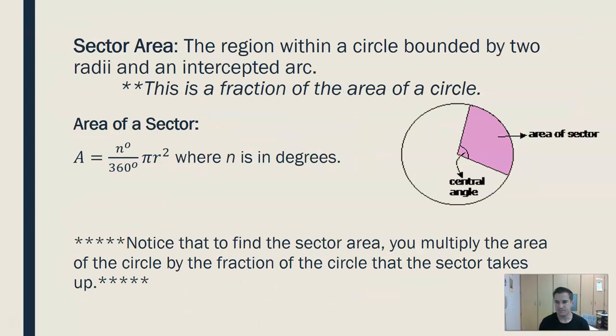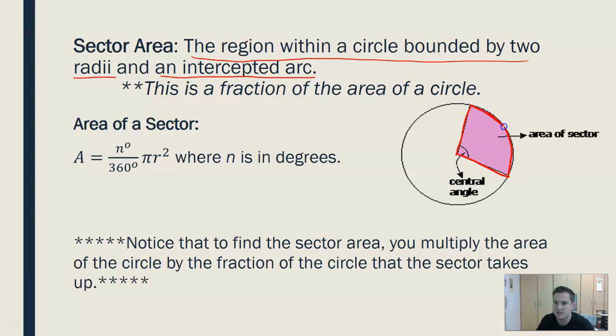Okay, so again, area hopefully wasn't terribly new information. Now we're going to switch over and talk about sector area. Let's talk about what a sector is. A sector is the region within a circle bounded by two radii and an intercepted arc. We talked about how an arc is the section on the outside of the circle that is connecting two radii.